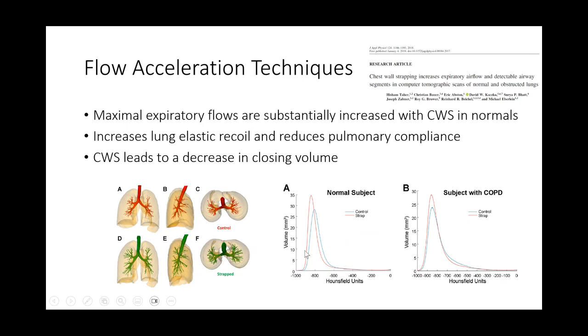And the volume that is seen of these units in a normal subject that is strapped is greater than a control normal that's not. And that is the same for COPD patients. And for me, this is a really useful technique that I think is underutilized.